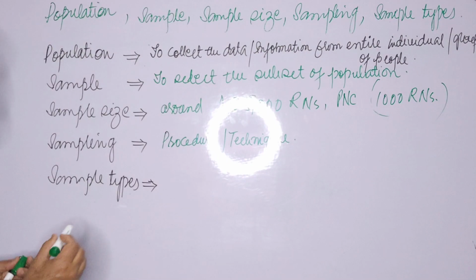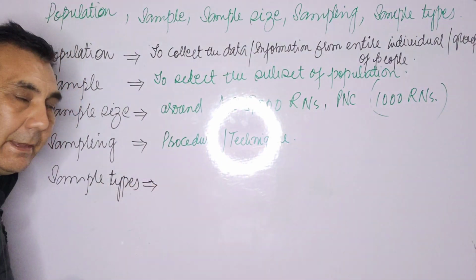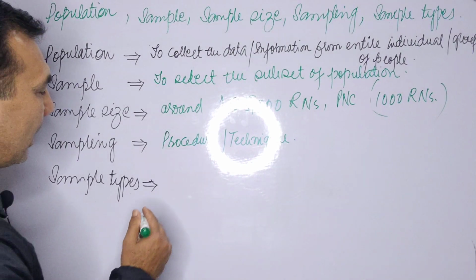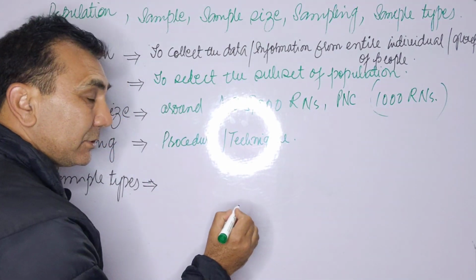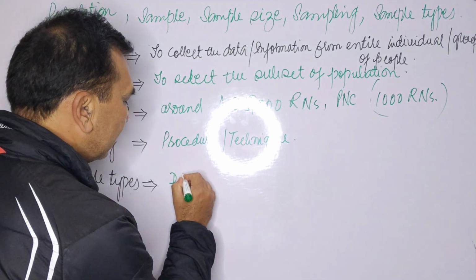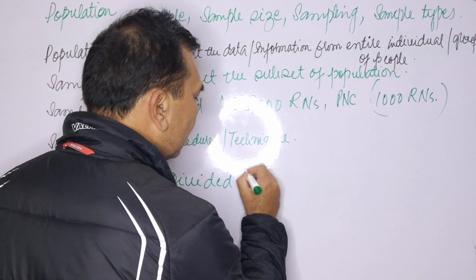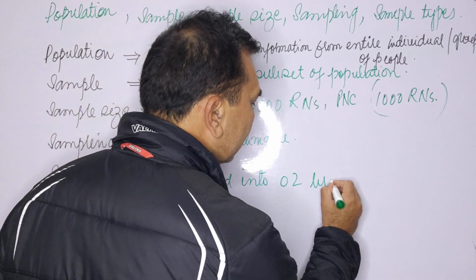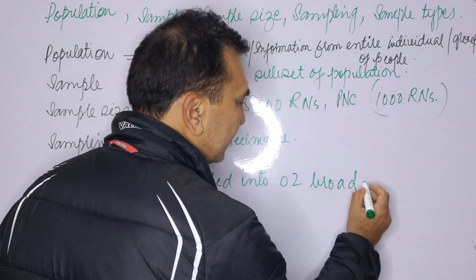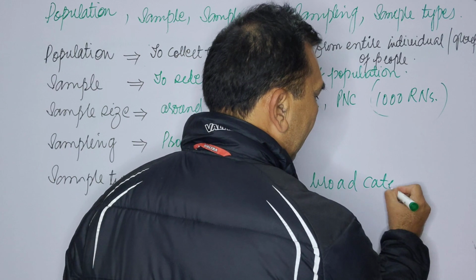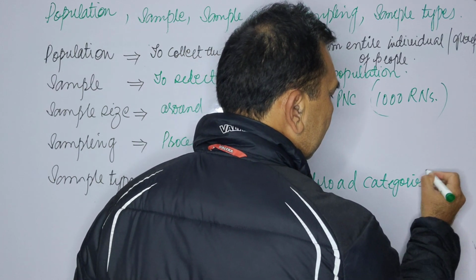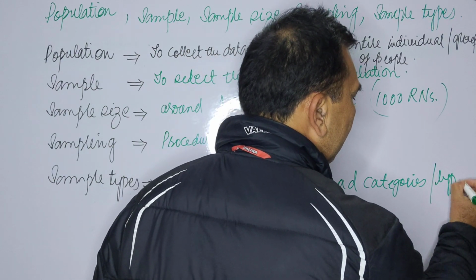Now the last concept is sample types. The sample types are divided into two broad categories, or types.